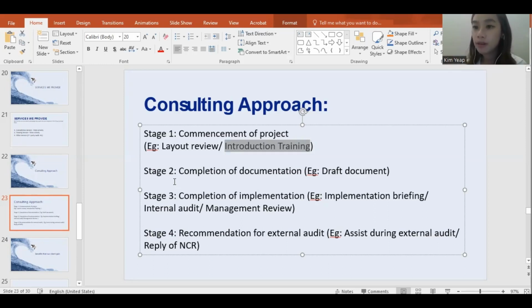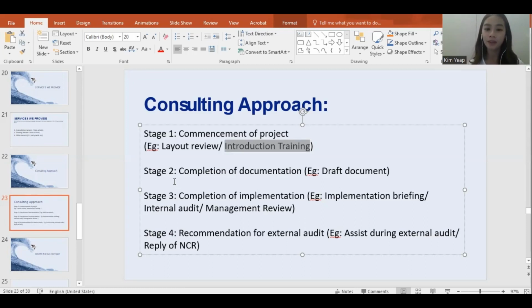The reason to draft the documentation is because it contains SOPs. By having this set of SOPs, the client needs to follow them to operate the business, complying to the environmental standards.